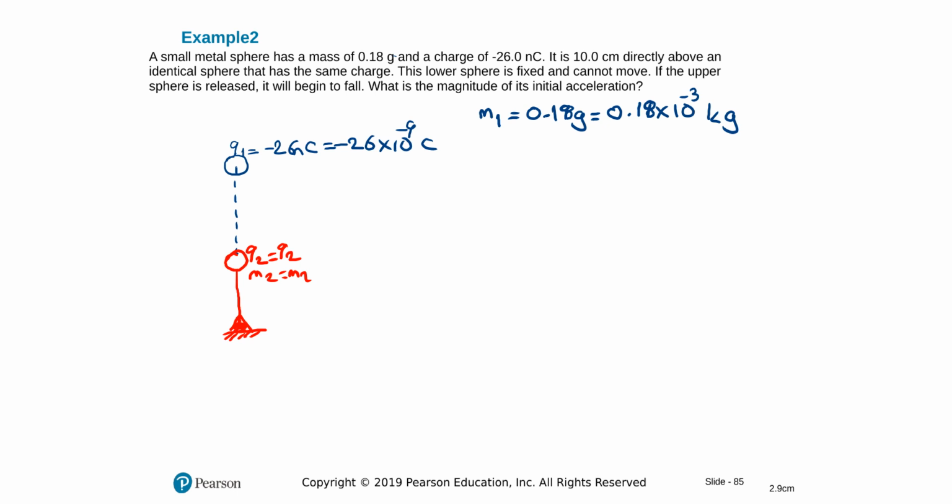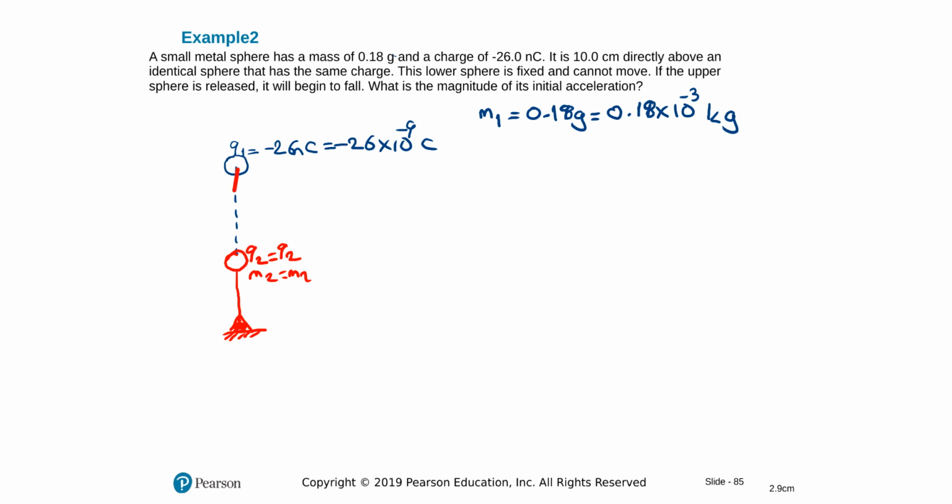If the upper sphere is released, it will begin to fall. This gives us information here. Since it will fall, gravity should be larger. So what's happening here is, let me show gravity in green.